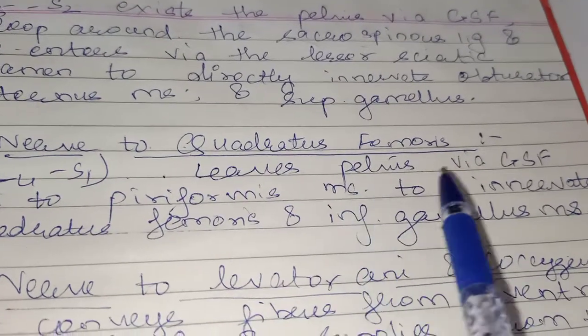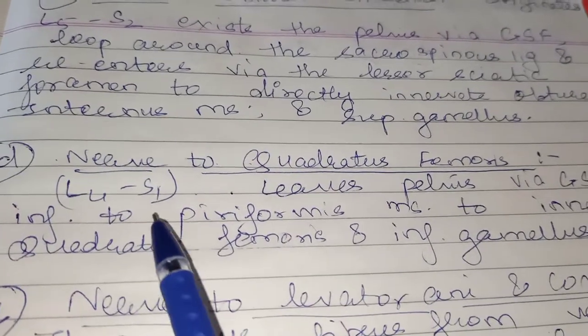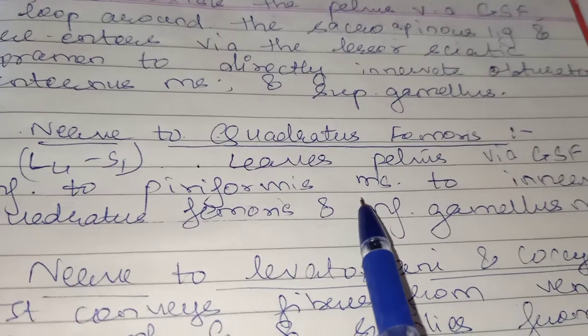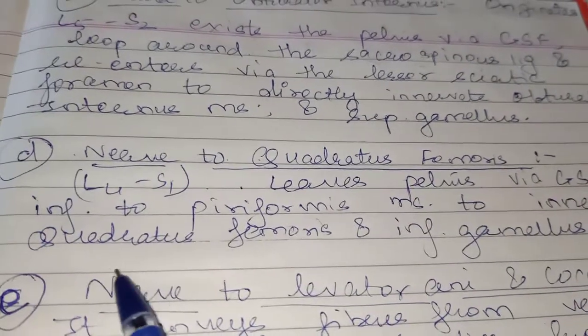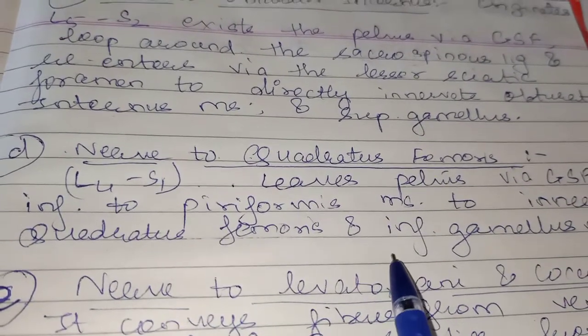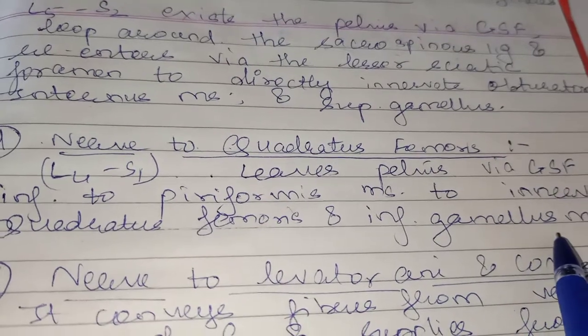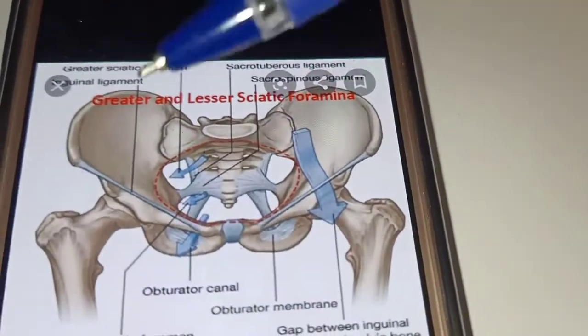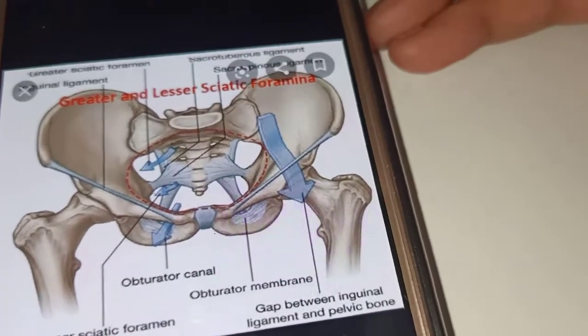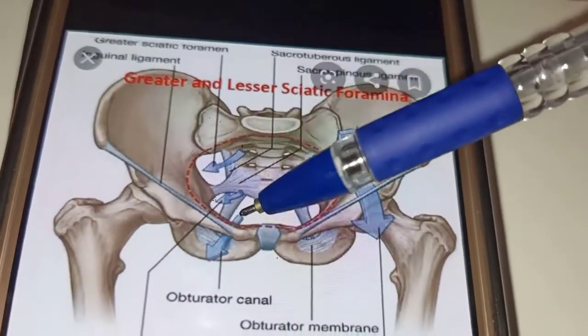It leaves the pelvis via the greater sciatic foramen inferior to the piriformis muscle to innervate the quadratus femoris and inferior gemellus. Here it's a simple route. It is not going to the lesser sciatic foramen by the sacrospinous ligament.